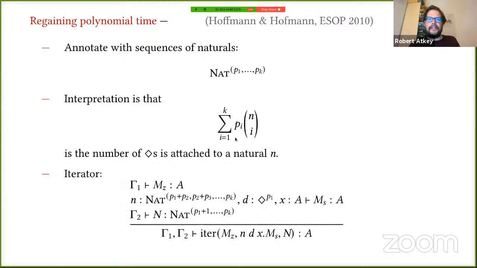And then the iterator now gets surprisingly complicated. They didn't express it like this because they had a system with general recursion. But the way their iterator sort of works is if you take a natural number, which has one diamond for everything in it, plus something else. So this plus one here is what we're going to use to do this iteration.